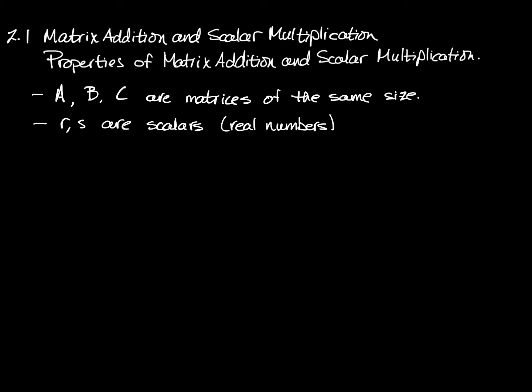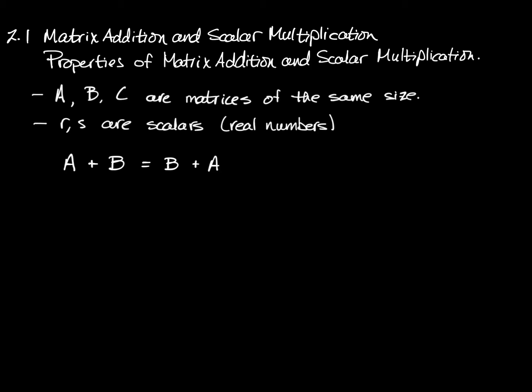And what we can say then about matrices is that any two matrices, for example, A and B, when you add them together, it doesn't matter which order you add them together in. And the reason for this is that the entry in column 1, row 2 in matrix A and the entry in column 1, row 2 in matrix B are going to be added together.